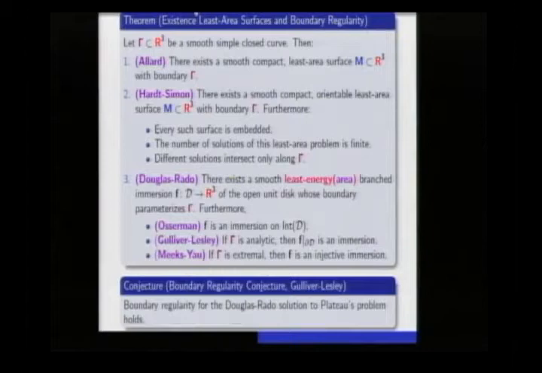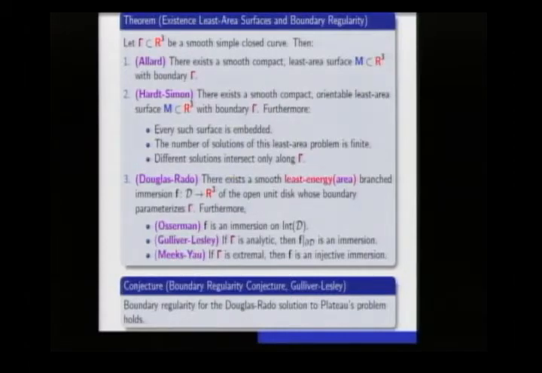All right. So we still have a really interesting question. I think a lot of people, most people that have been in the subject for a long time, at least try to approach this problem one way or another. And we still don't know for this problem here, if you have a smooth boundary curve, if the least area disk is still an immersion.